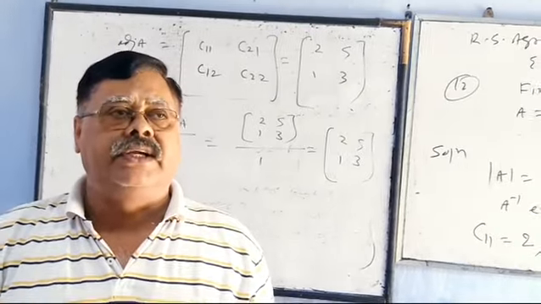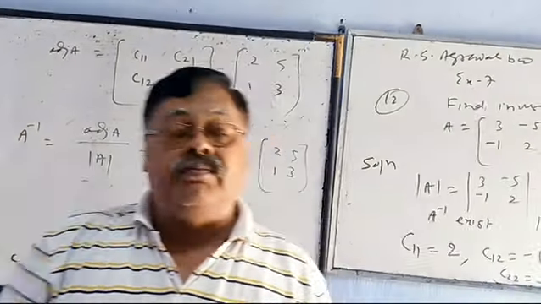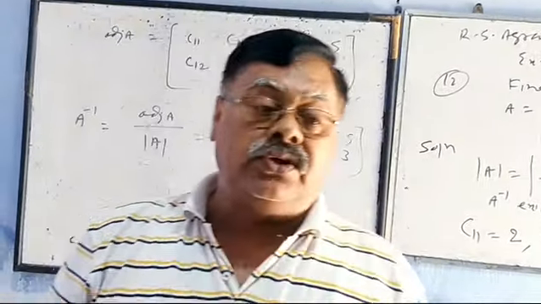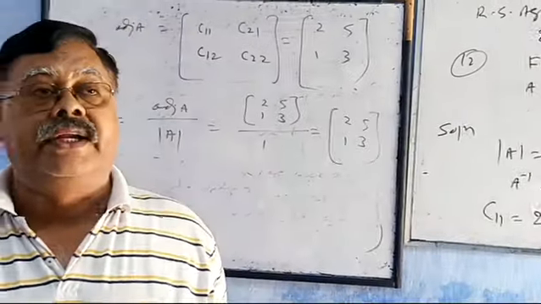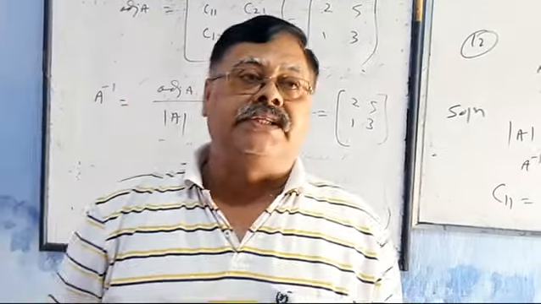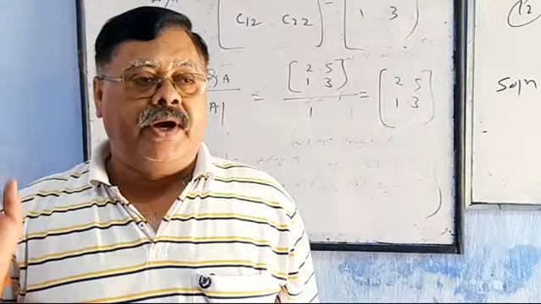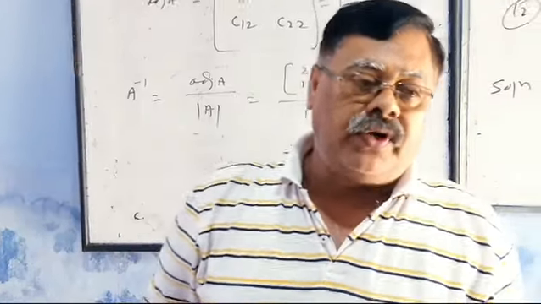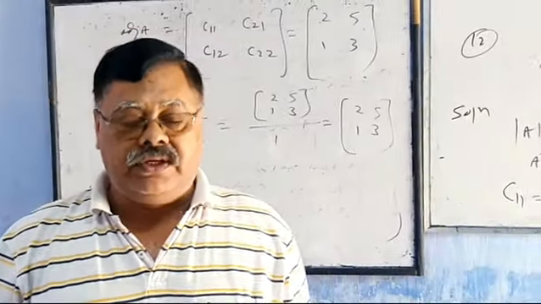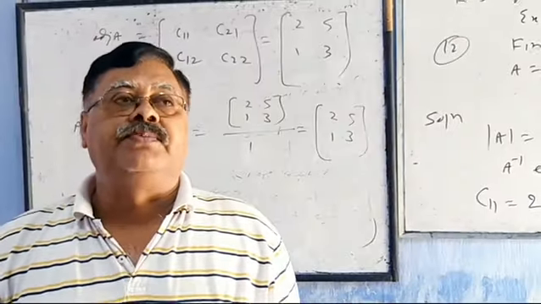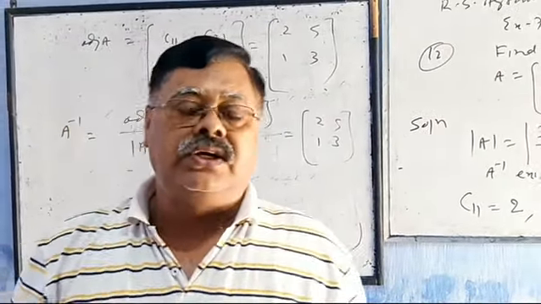A non-singular matrix is a square matrix whose determinant is not equal to 0. Only a non-singular matrix has its inverse. The properties of inverse and how to find adjoint and inverse I have given in this video. In the next video, I will come with harder questions. Thank you.